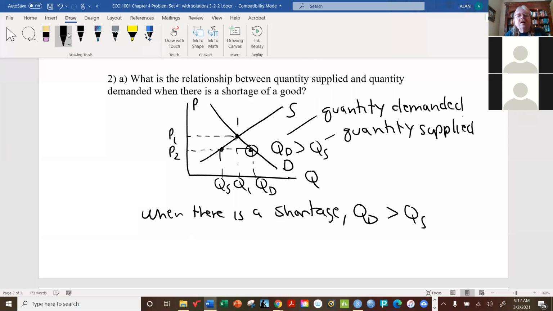So that's all they want to know in part A. What is the relationship between quantity supplied and demanded when there's a shortage? The shortage implies the quantity demanded exceeds the quantity supplied. Even if you didn't draw the picture, that's fine, as long as you know this part. The quantity demanded is greater than the quantity supplied, but you should also understand that this is caused by the fact that the market price is too low to be in equilibrium.